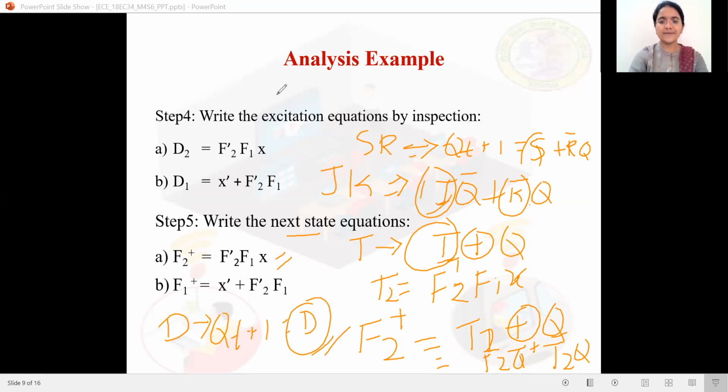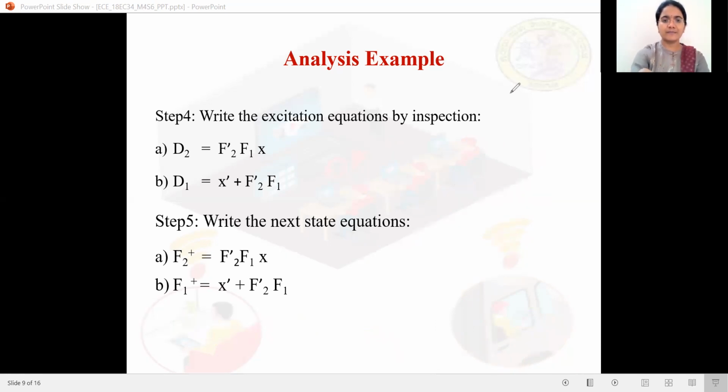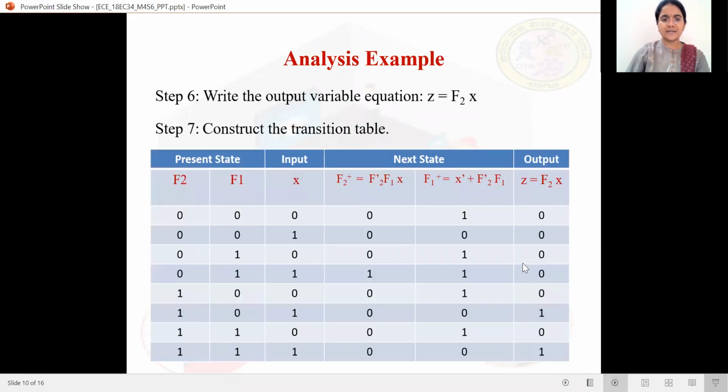For those inputs, we have to substitute the excitation equations, and we have to find out the next state values. Here for the D flip-flop, the next state equation is same as the input. Now we'll see the next step.